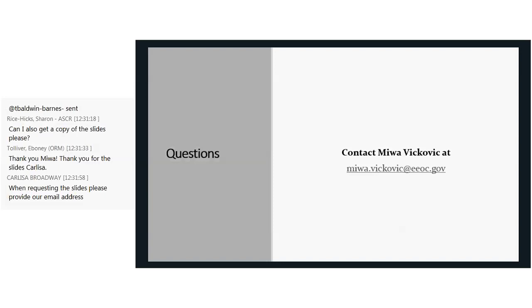Hello, I have a question. Can you hear me? Yes. Hi. This is Brenda Harris with the National Labor Relations Board, and this is a question for clarification. This is a very clear presentation, but in the practice of it, it's a little bit new for us.